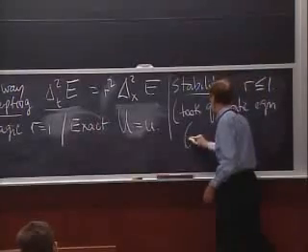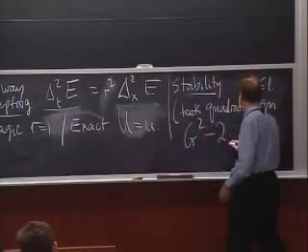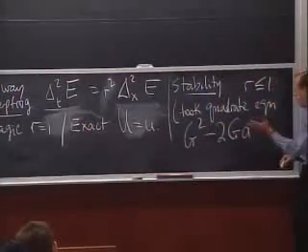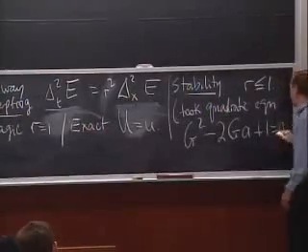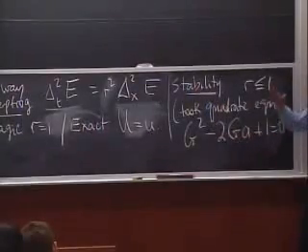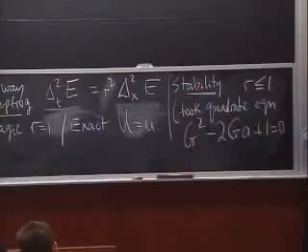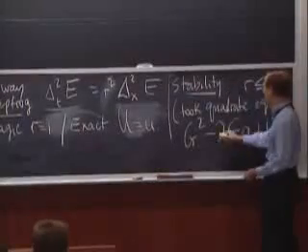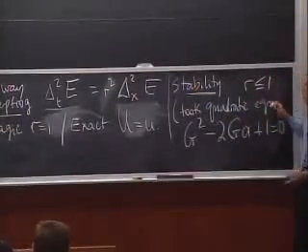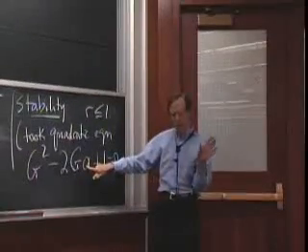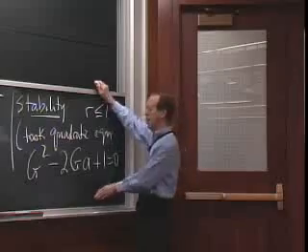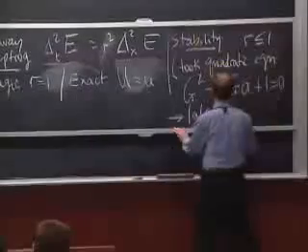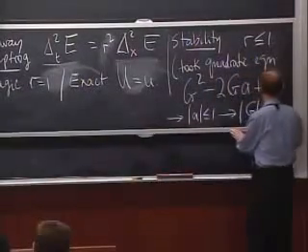Remember, we had g squared minus 2g times some quantity a that involved r's and cosines plus 1 equals 0. And the reason it was a quadratic was there were 2 time steps involved. But we handled that. We got stability. If r was less than or equal 1, that led us to a in magnitude less or equal 1, and that led us to g less or equal 1. I'll just remember those steps. Okay.